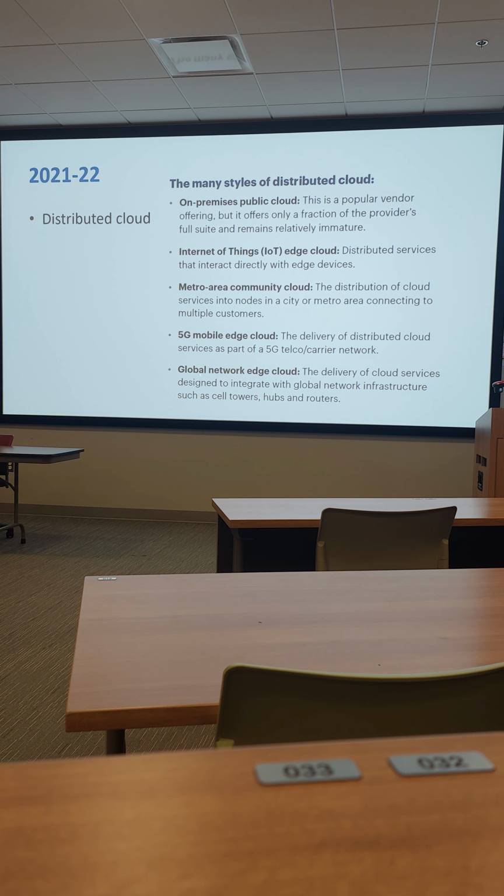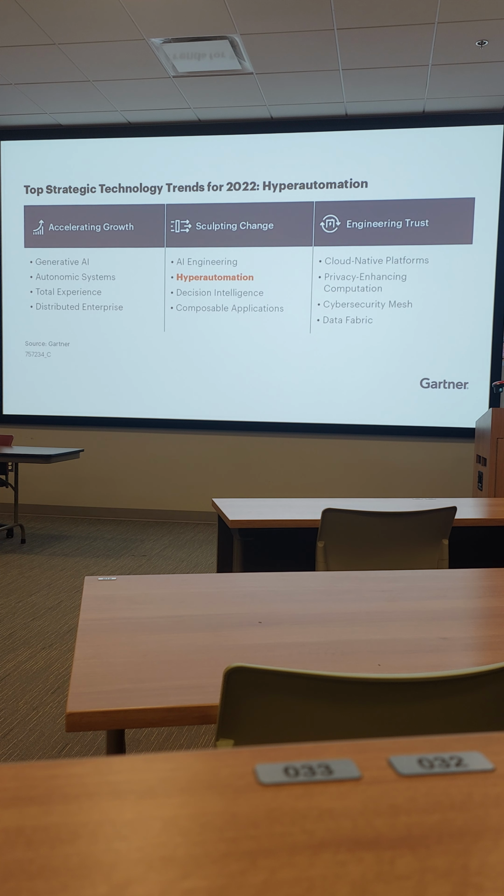And that can also go to a global scale, where not just T-Mobile or AT&T, but those companies can also cooperate with international carriers in different countries and offer global edge cloud computing services. So there are different so-called distributed cloud services that can be offered.